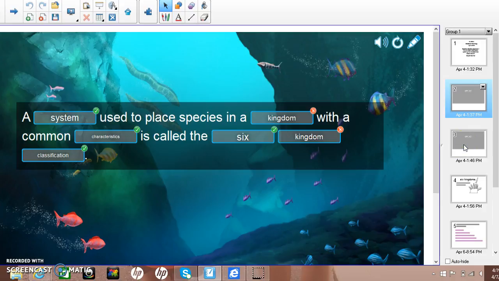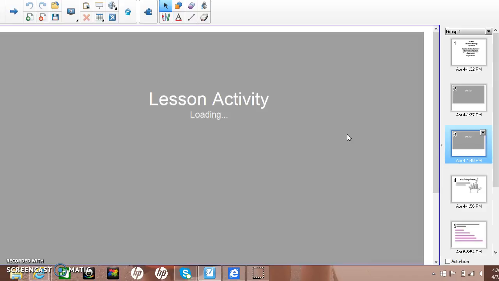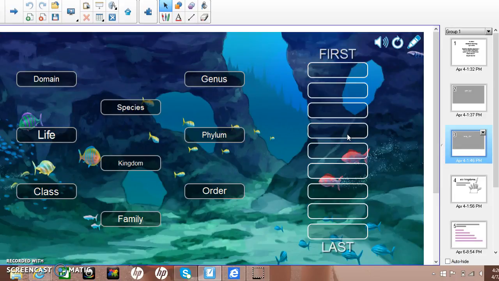We're going to do another activity, and we're going to list the classifications where, when you organize, you put your organisms in their kingdoms. This is the classification system.